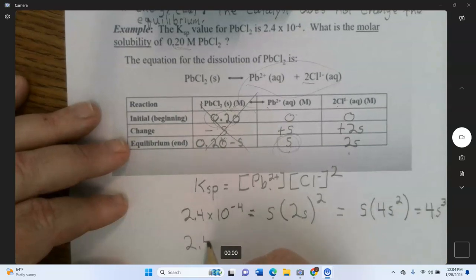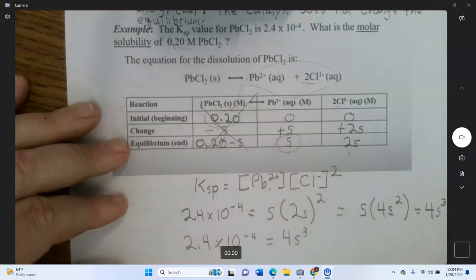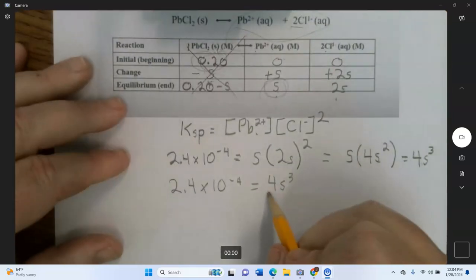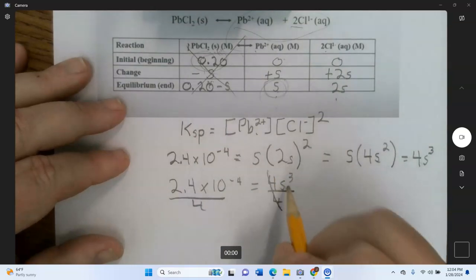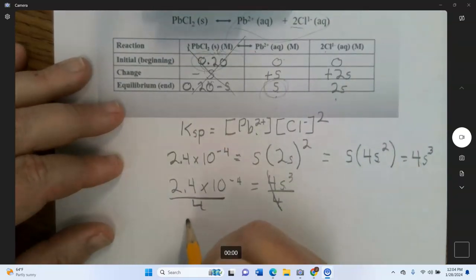Let's just rewrite it down here. Okay, we're going to divide both sides by 4. And I'm going to move the S third over to the left side of the equal sign.